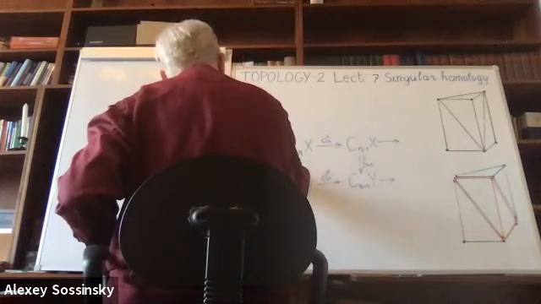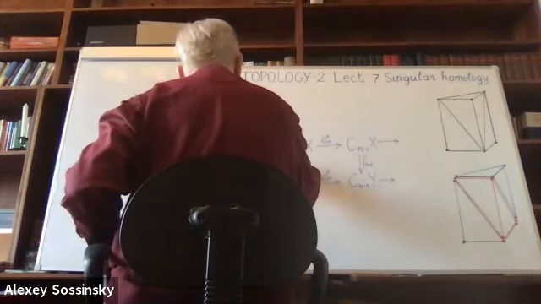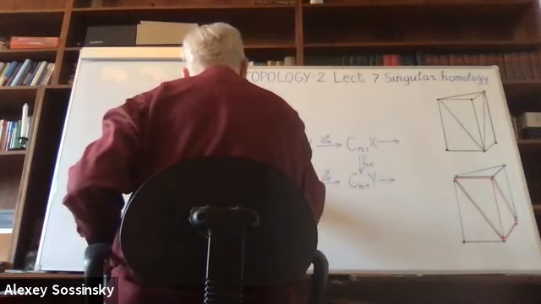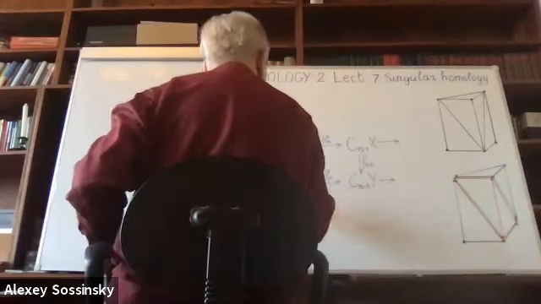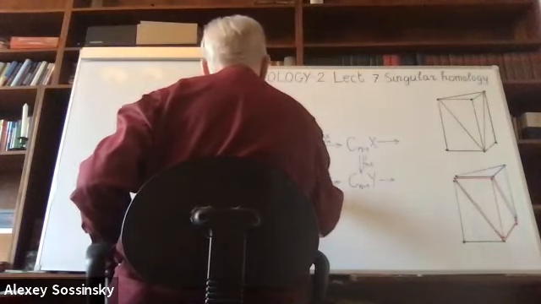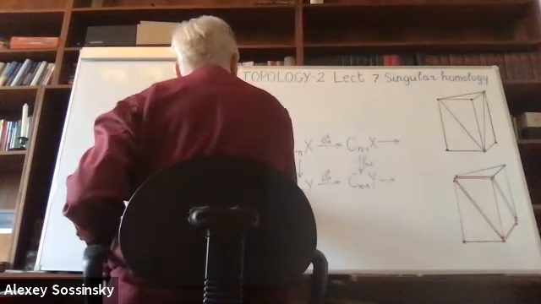Here we have f n plus 1 and c n plus 1 of y here. And this, of course, is d y n plus 1. And we'll have arrows going this way as well.